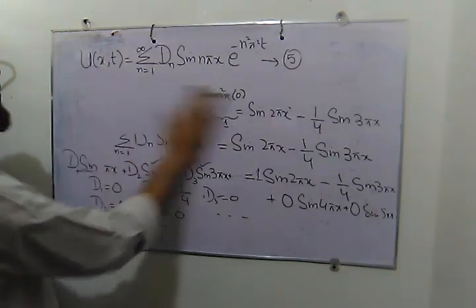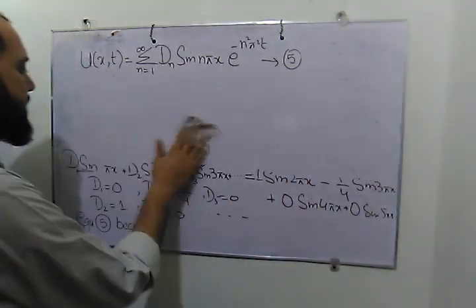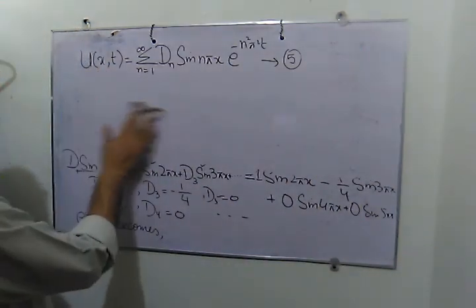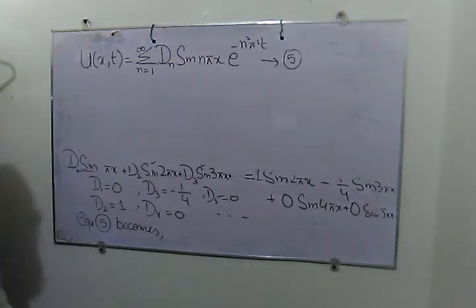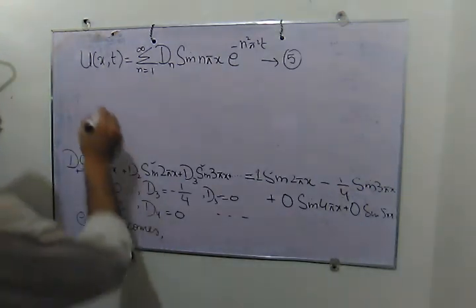We have found the coefficients, and it has been revealed that only d2 and d3 survive and the rest of the terms become 0.